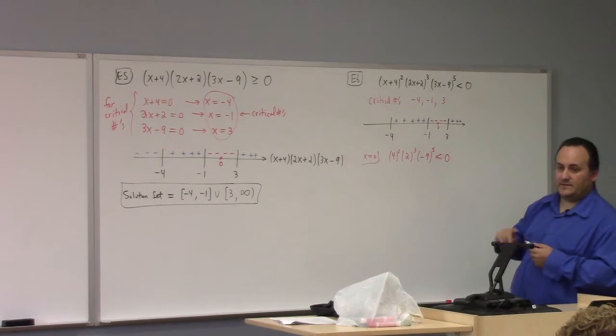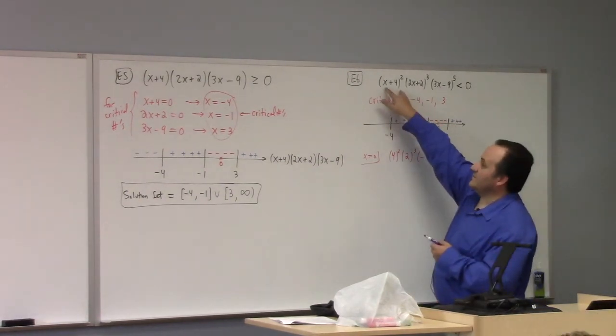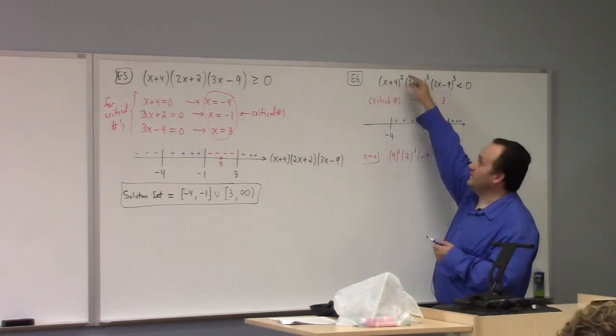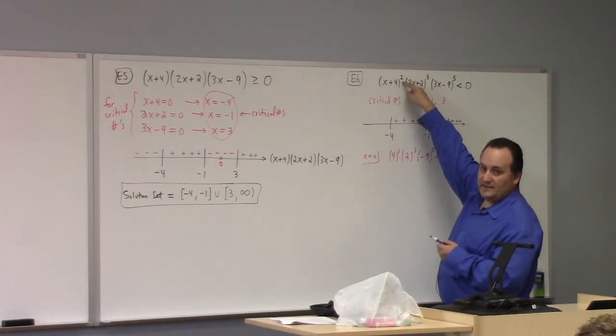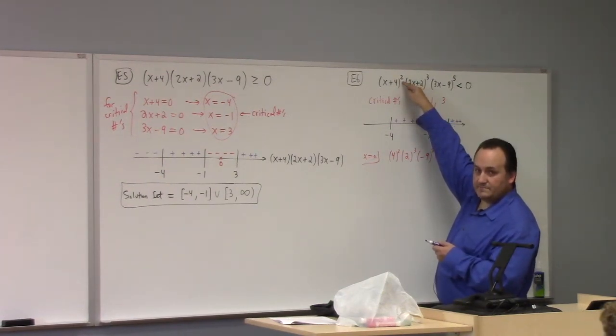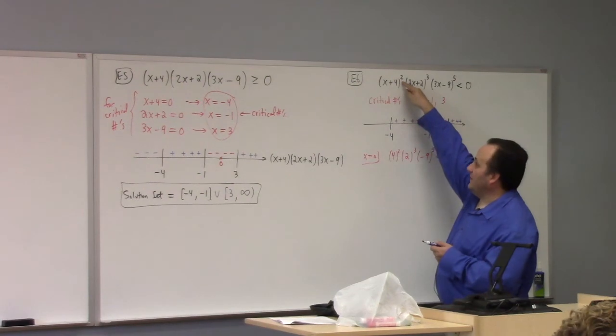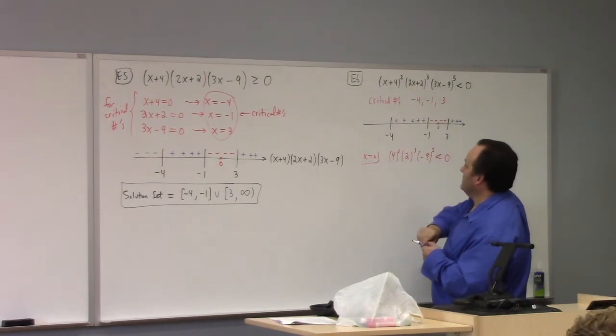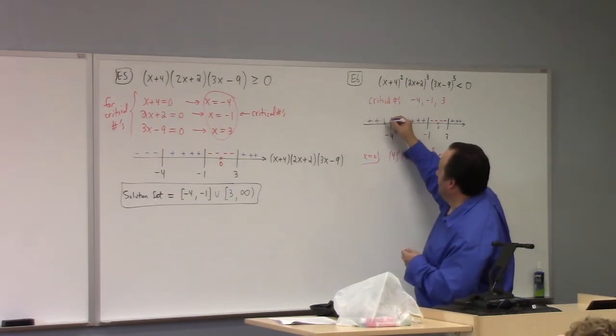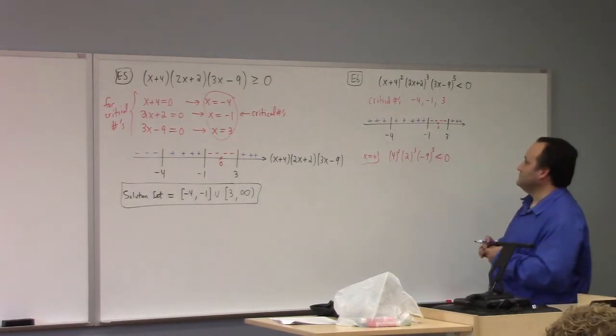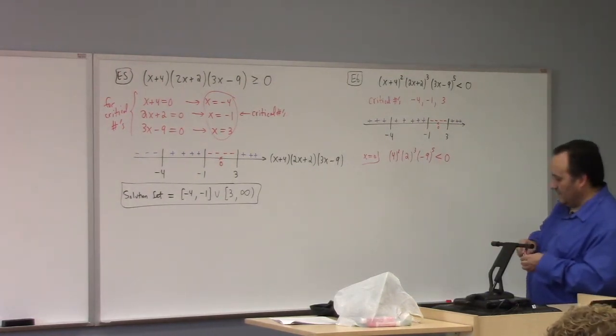Now, the one that's different is this x plus 4 factor, right? This time it's squared, which means that the sign doesn't change as you go across minus 4. All right? And so we stay pluses. All right? So what's the solution set to this problem?